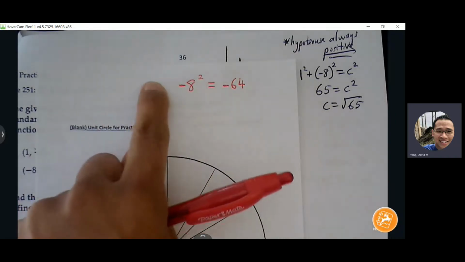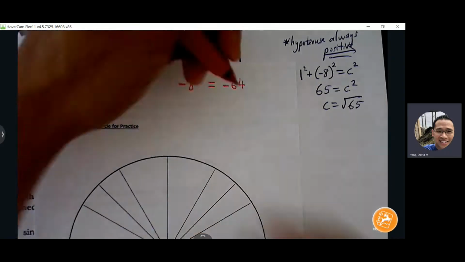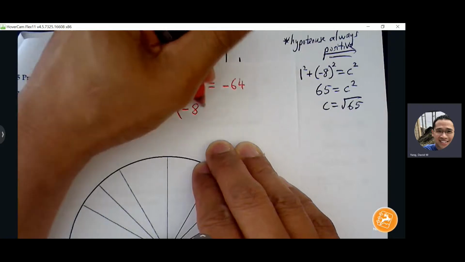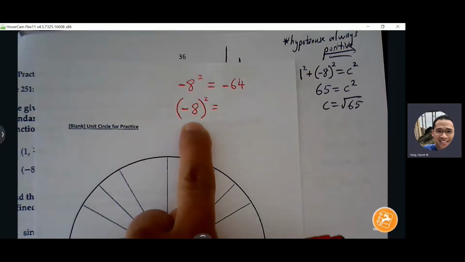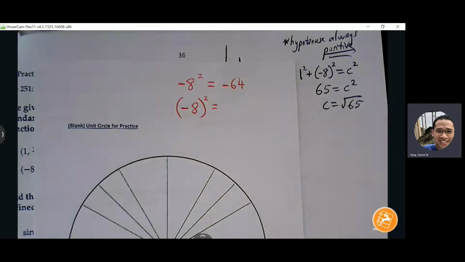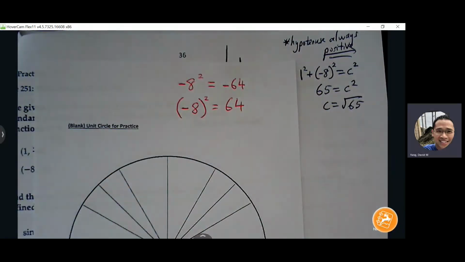It's interpreting it as square 8 and then attach a negative at the end. If you want to square -8, you need to explicitly put the -8 in a set of parentheses and then square it. Otherwise, the calculator doesn't know you want the negative to be part of the number. Some students got a negative number when they were expecting a positive, and that threw their answer off. So just keep that in mind.